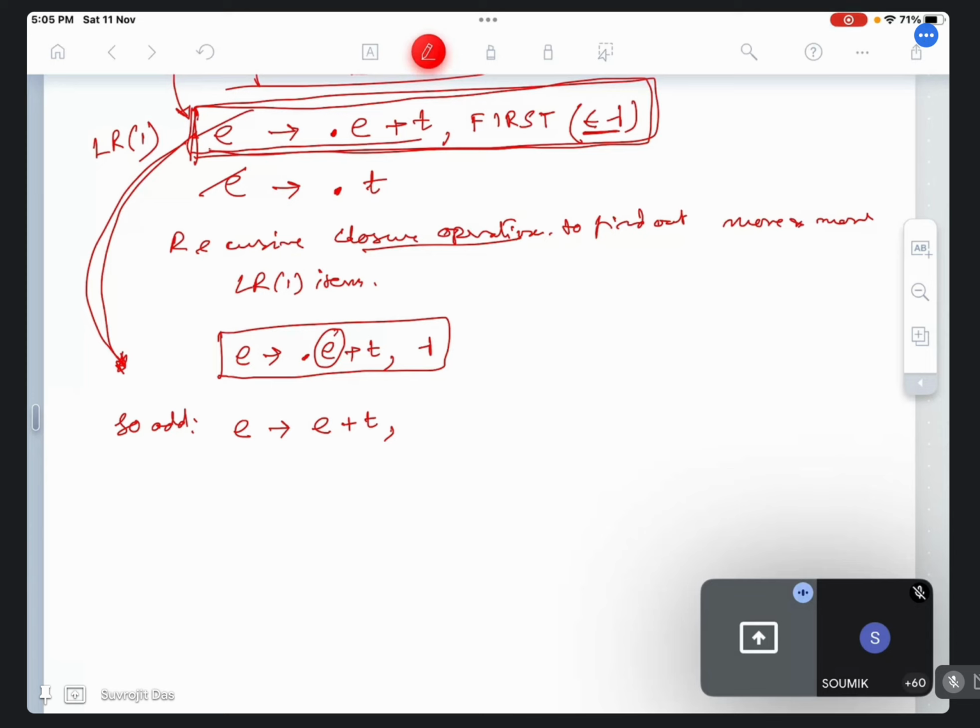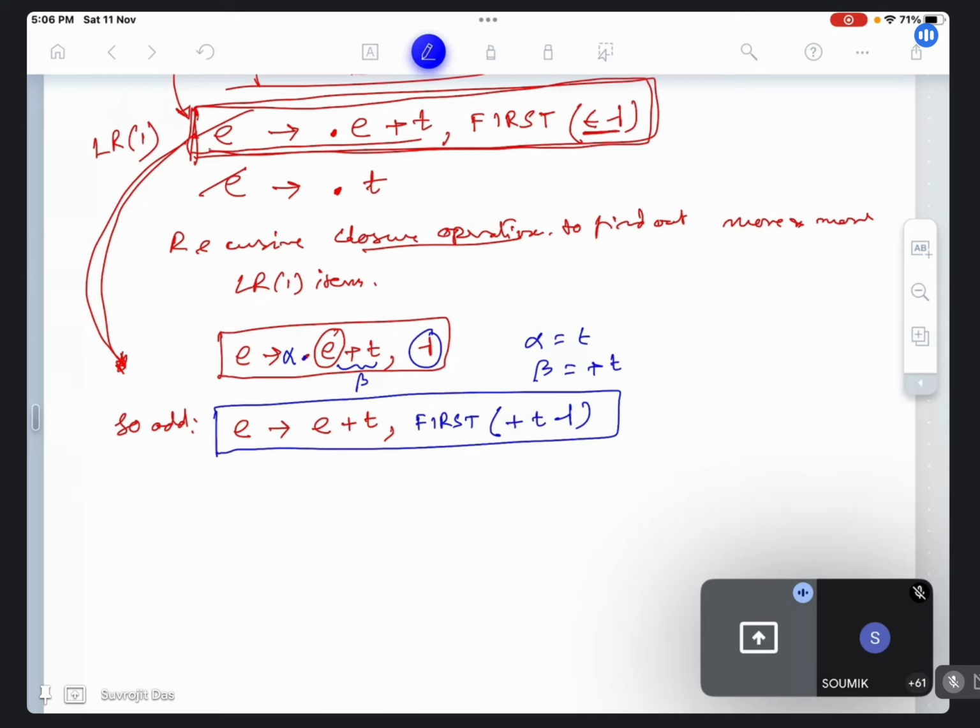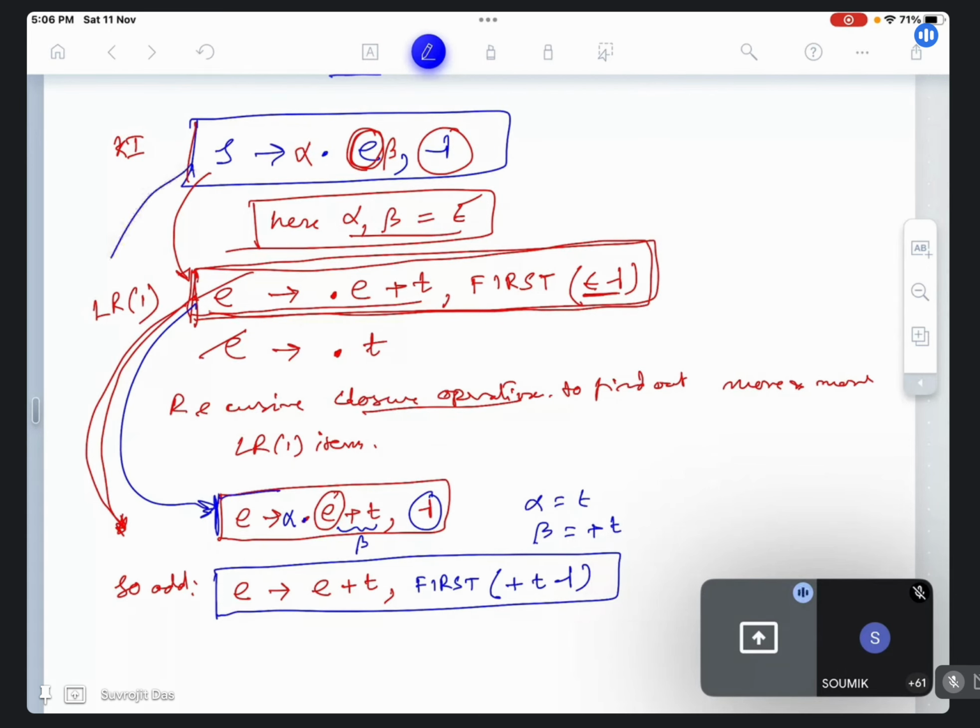And then I mentally think of this string as alpha dot E followed by beta. So mentally my alpha is epsilon and beta is plus T. So what I do is I calculate first of plus T, and this is what we already have. So this is another LR1 item that I create from the LR1 item that I created from the kernel item.